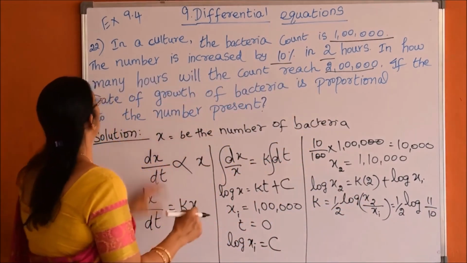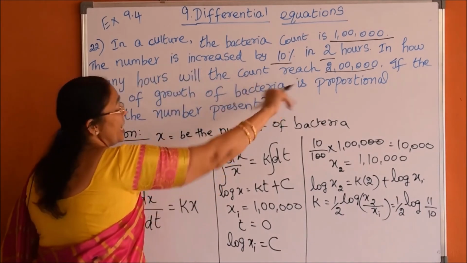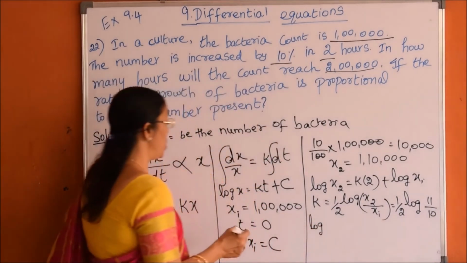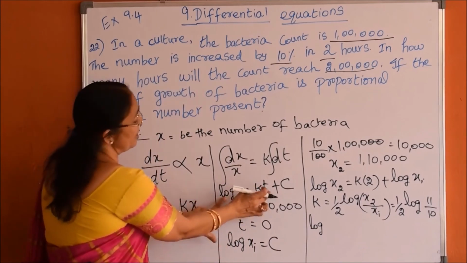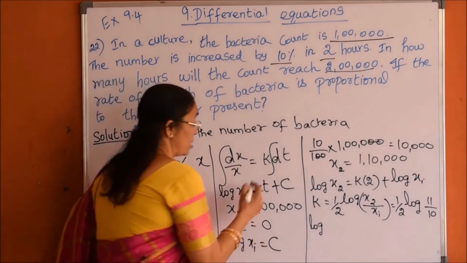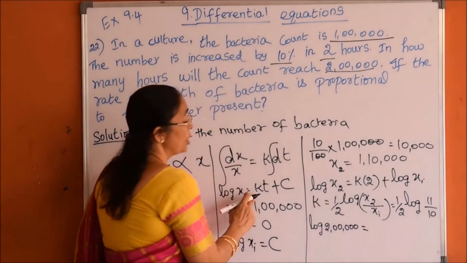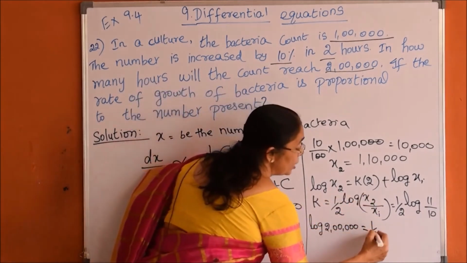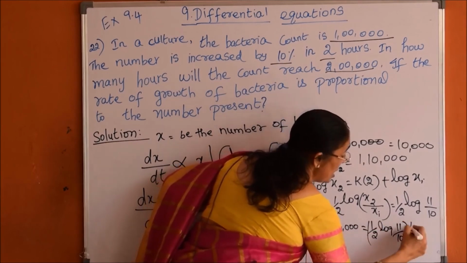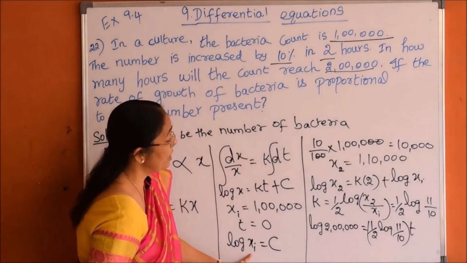Now, our question is, in how many hours, the t value, will the count reach 2 lakhs? So, I am substituting the x value here, which is given, the count reach 2 lakhs. So, log 2 lakhs is equal to k into t plus c. Already we have the k value, half log 11 by 10, into t plus c. The c value we simplified, no?